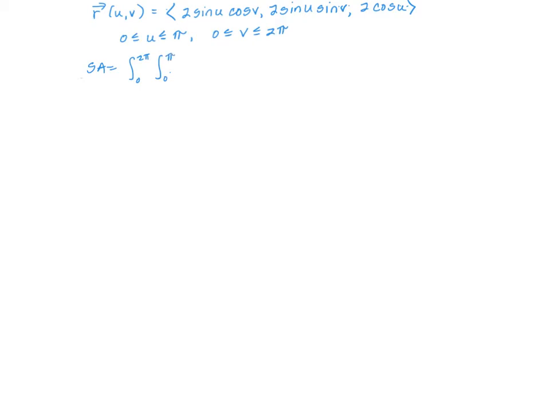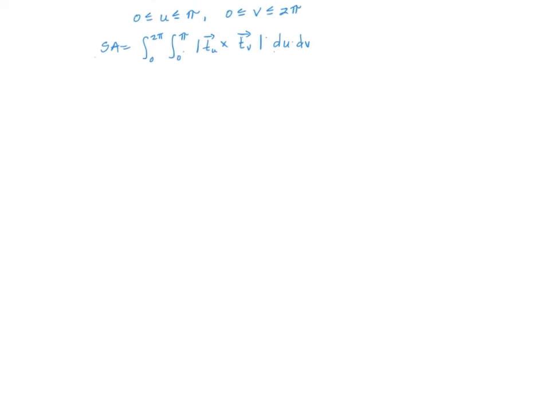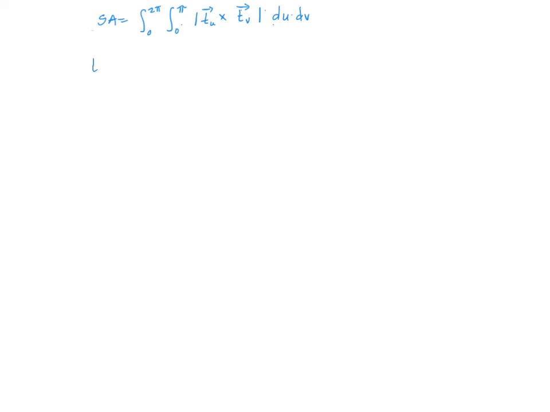My integrand is 1, but I still need to compute the magnitude of my normal vector, which is just the cross product of these two tangent vectors. So that I still have to figure out. And I have the order as du dv. But these are constant limits of integration, so you could have changed it and done it in a different order. Okay, let's do the cross product, and this is going to be hideous. But once we compute it, you won't have to compute it anymore.